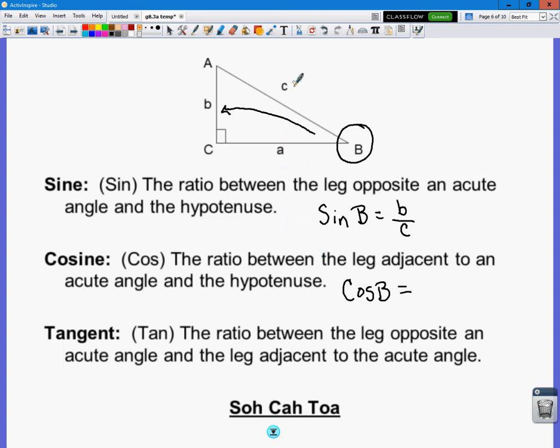Right, and C is always going to be the hypotenuse, because it's across from that 90-degree angle. So the one that's adjacent to it is going to be A, and the hypotenuse is going to be C. This is adjacent because it's right next to it.